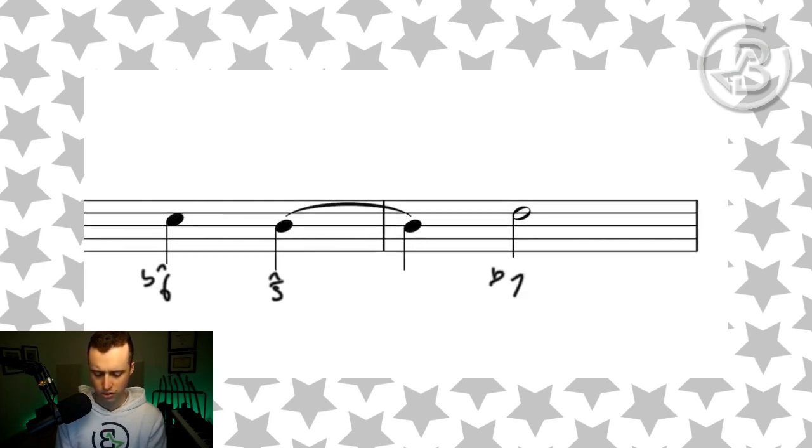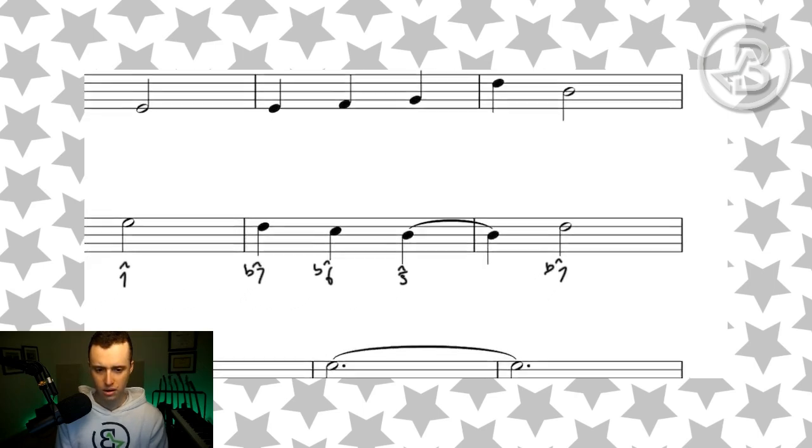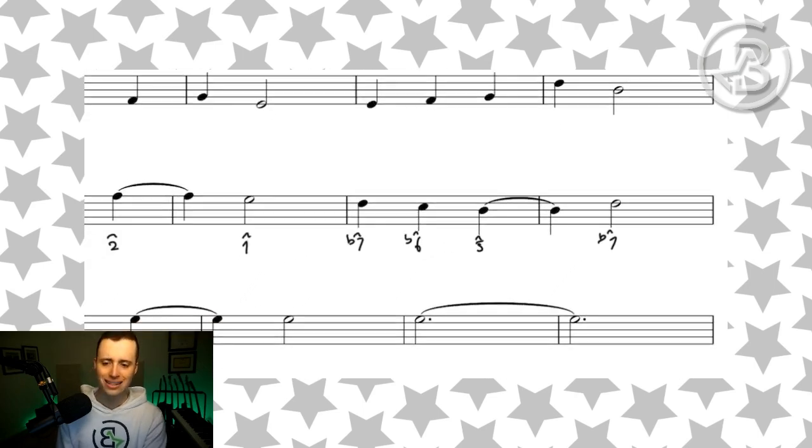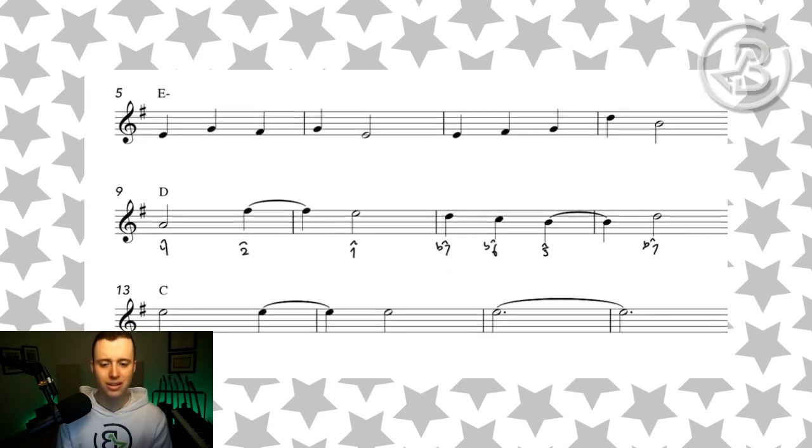So notice here we don't have the raised sixth. We do indeed have the flat sixth from the E natural minor scale. So whereas we saw the raised sixth both in Halo and in the Celeste synth solo, here we have the lowered sixth. All right, let's keep it going.